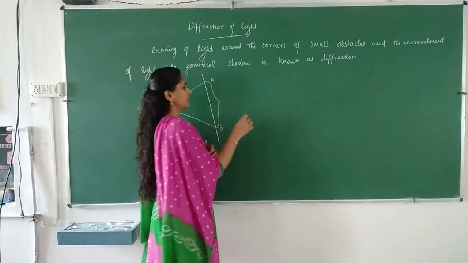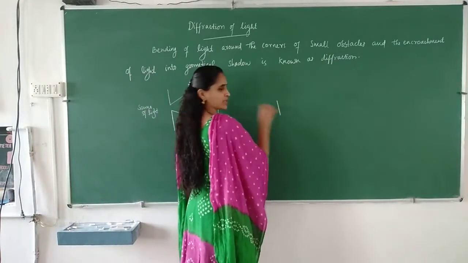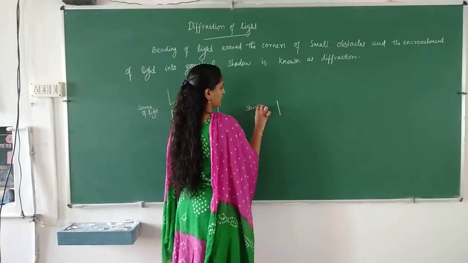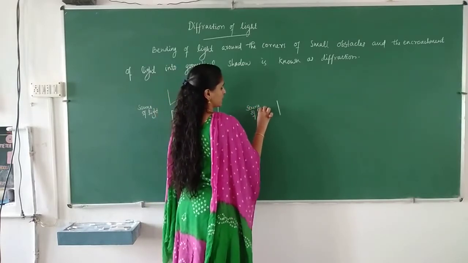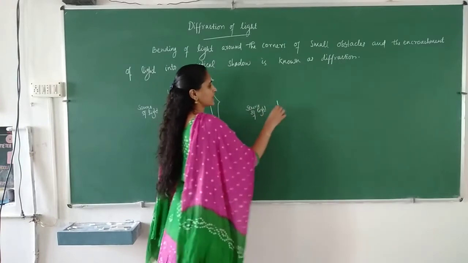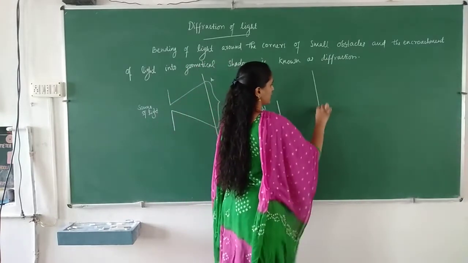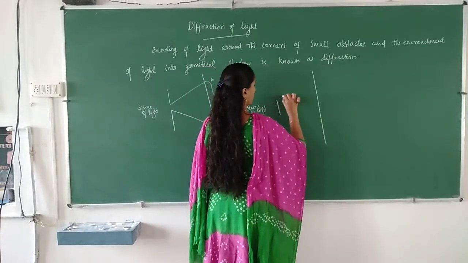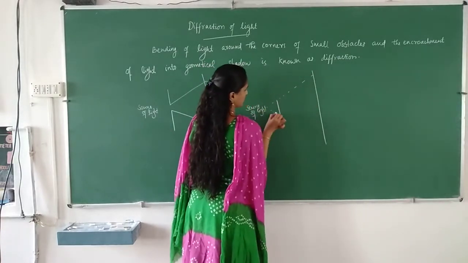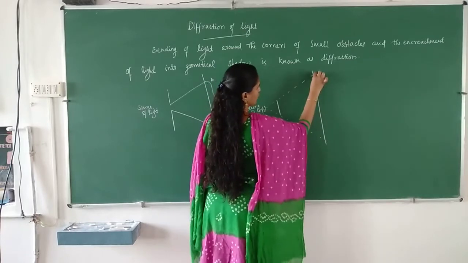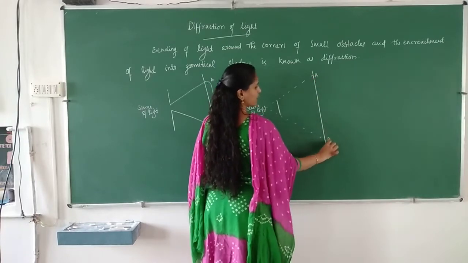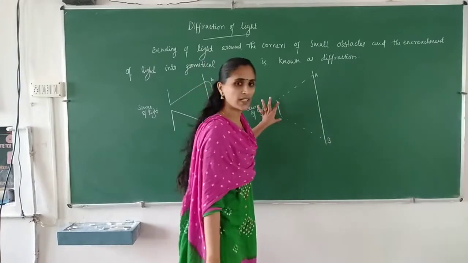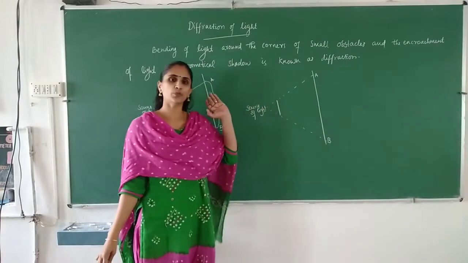Another case is where an obstacle is kept in the path of a source of light, and a screen is kept here. Here also, what could we expect? The region AB should be perfectly dark, because the obstacle will not allow light to pass through.